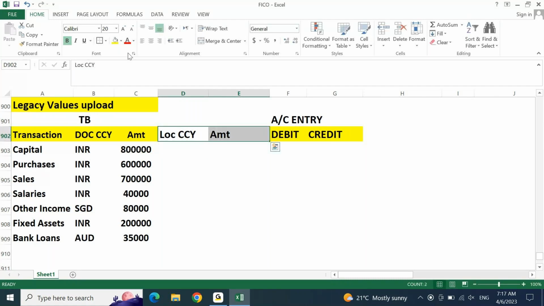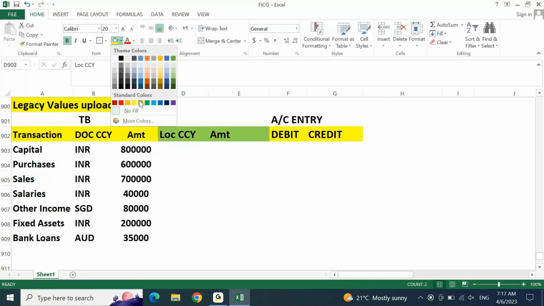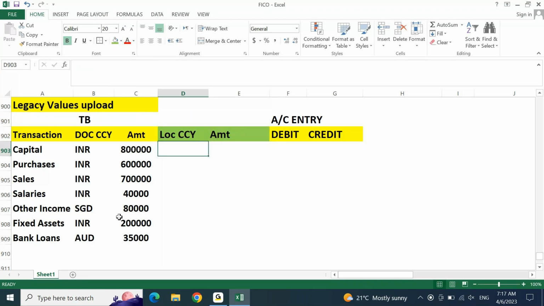For local currency, you are not going to convert the number. But in this case, I am making everything INR, because once we get this concept, then we will play with different currency numbers and see what we do in such scenarios. First, let us go ahead with a single currency.